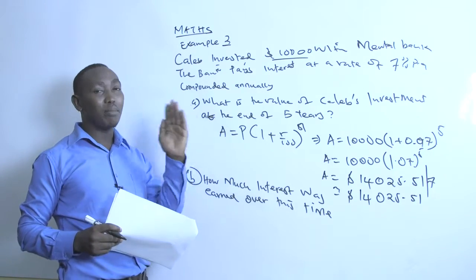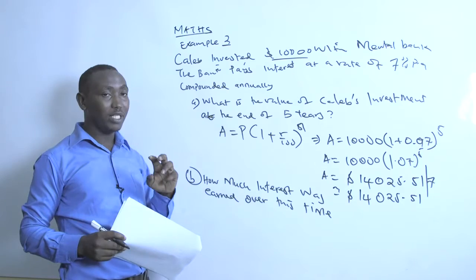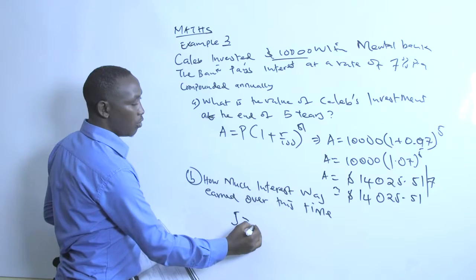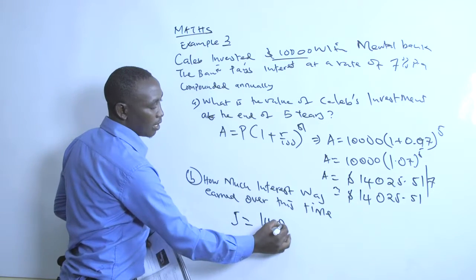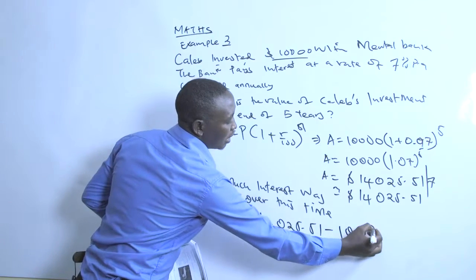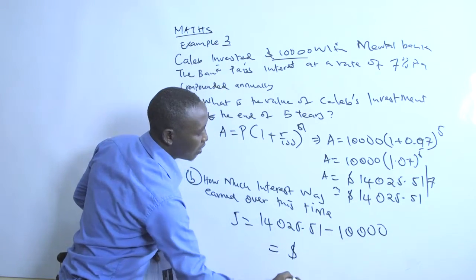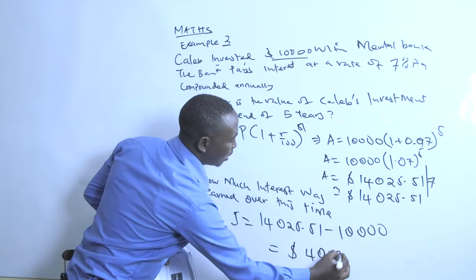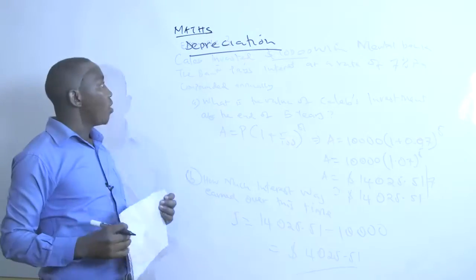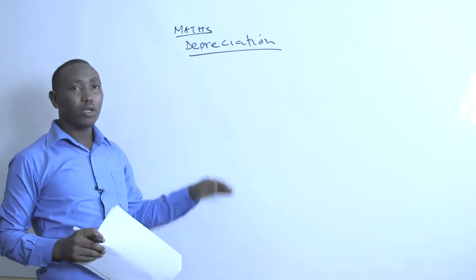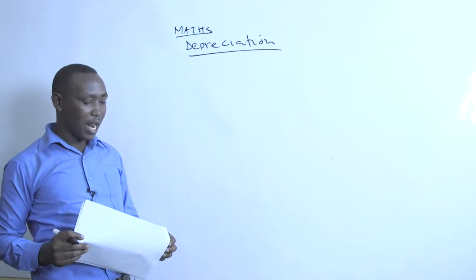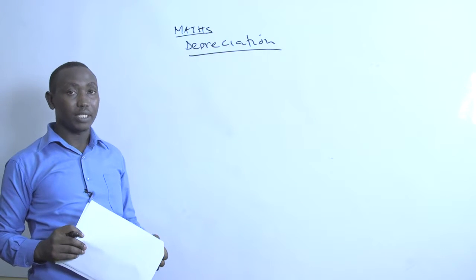That means the amount above the $10,000 invested is what we refer to as the interest. Therefore, interest will be given by 14,025.51, subtract the amount invested, which is $10,000. This will give us $4,025.51.